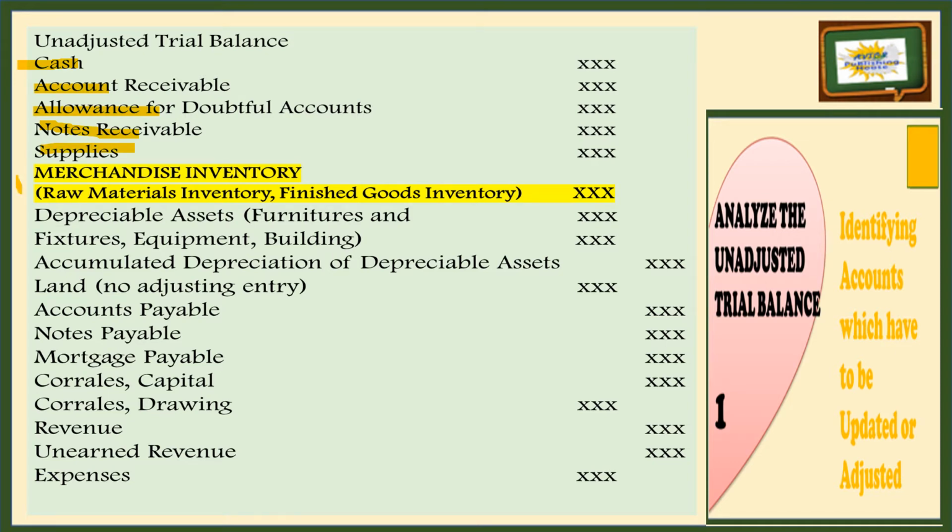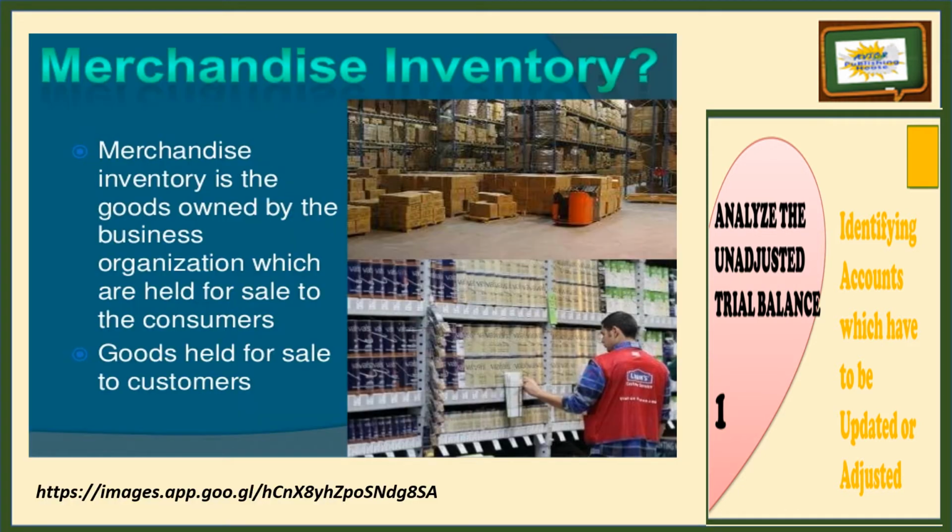So we're now here in the merchandise inventory. This is the next item that we're going to discuss. Merchandise inventory is the total cost of goods on hand and available for sale at any given time.